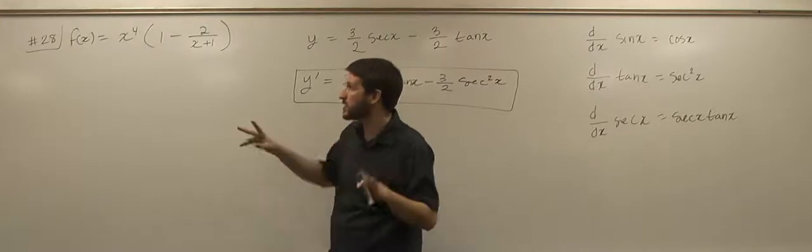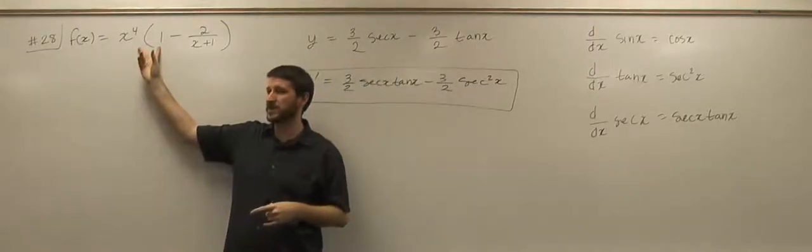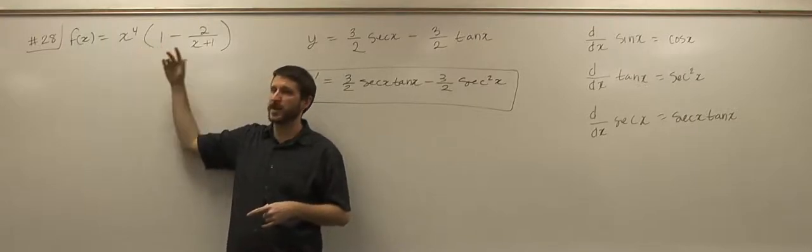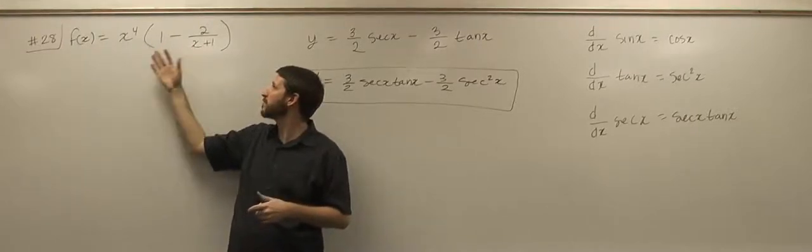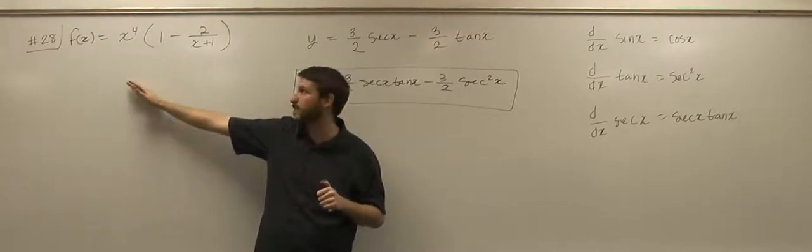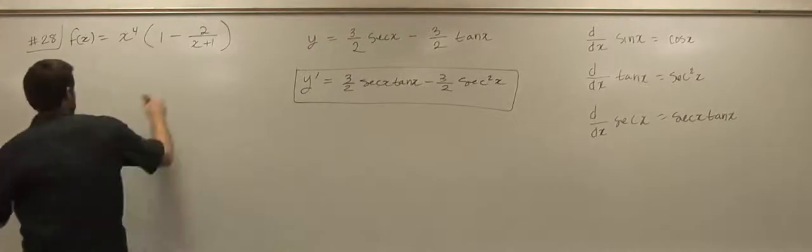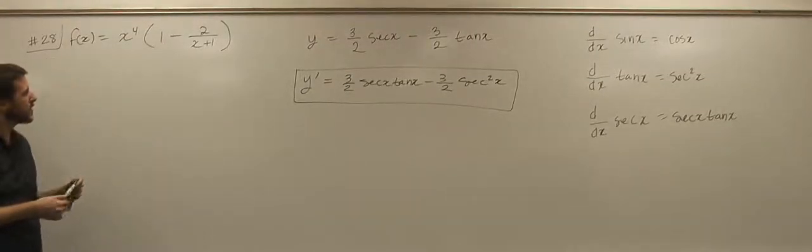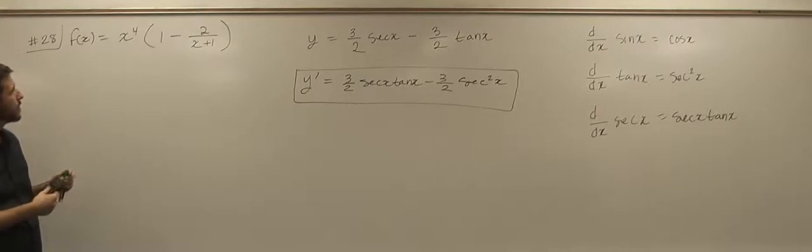I wouldn't start with the product rule here, because then you're going to have a quotient inside of a product, so you're going to have to do quotient rule inside a product rule, and it's going to be kind of ugly. So I would definitely try to simplify this a little bit first. One way is to get a common denominator here, although that doesn't actually make your life too much easier.